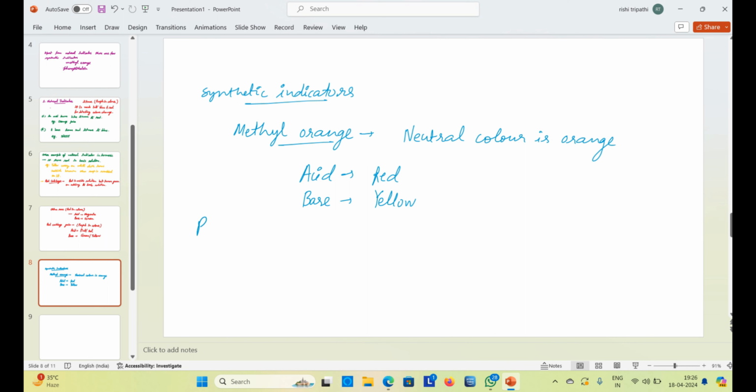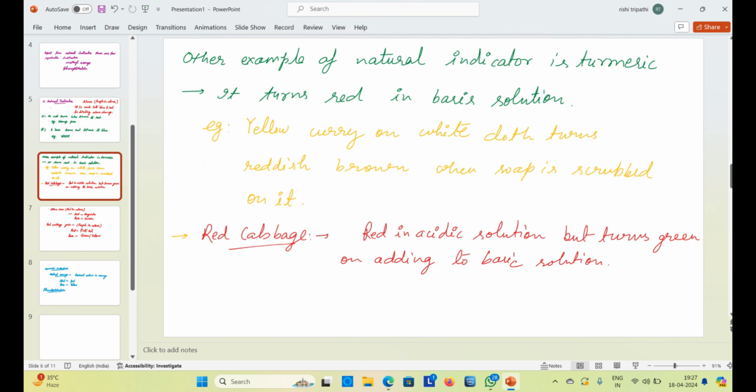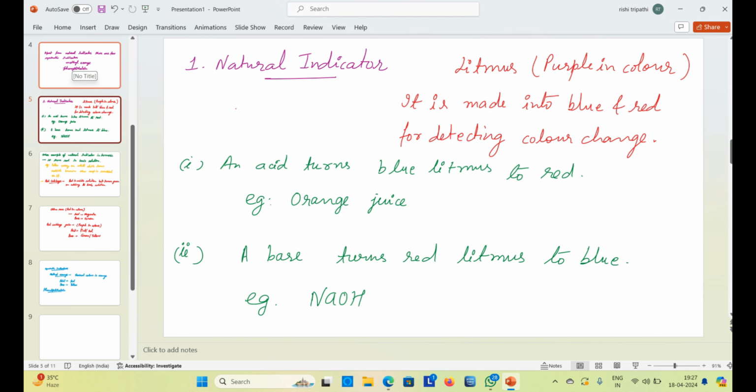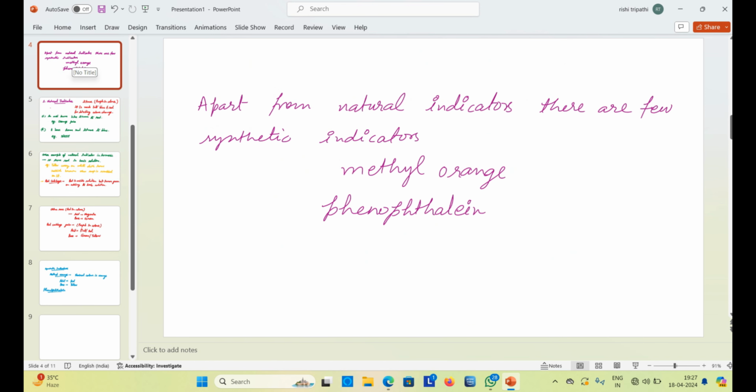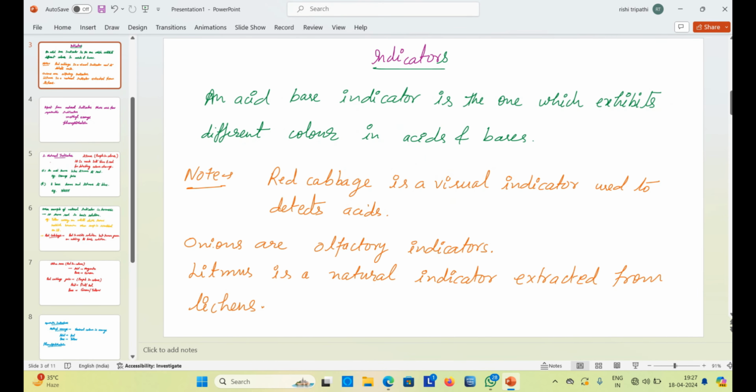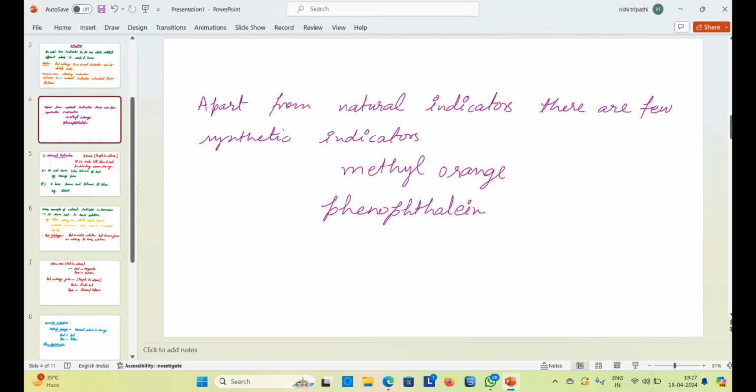Next one is phenolphthalein. I'm sorry, the spelling is wrong. Phenol phthalein, one L will be also here.